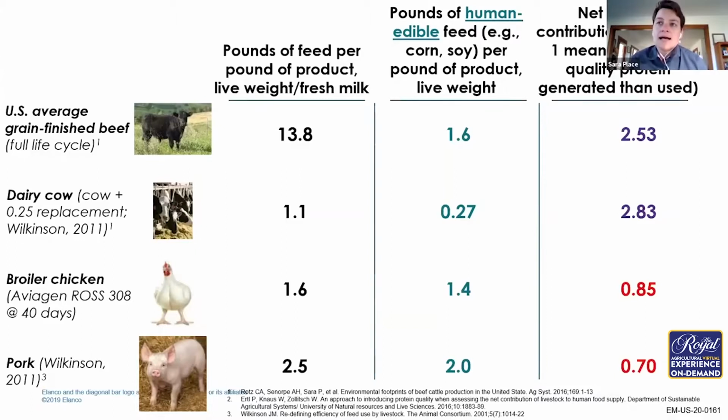In this case, a higher number is more desirable. It means we're generating more human high quality edible protein than we're using, right? So above 1 means the whole system is actually generating more protein than it's using. You'll notice for both dairy cows and beef, the number is well above 1. And again, this is possible just because when these animals are eating human edible inputs, it tends to be of poorer quality, especially with beef cattle.